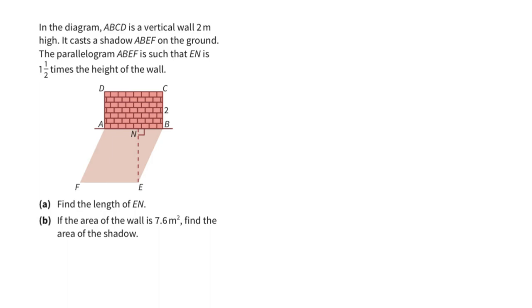It casts a shadow, which is shaped like a parallelogram, and it is such that the length EN is 1.5 times the height of the wall, which is 2 meters. So this will give me a value of 3 meters.